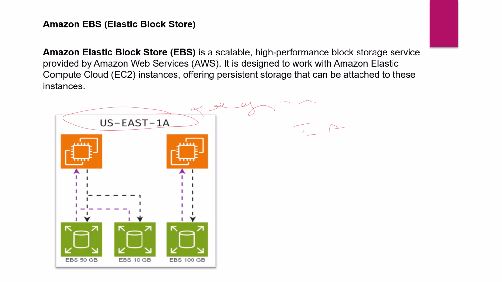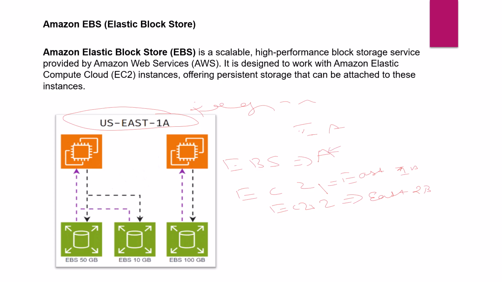Because if you are going to create your EBS volume, and you have EC2 instances, one in east 1A and, as an example, another in east 2B, something different. Say you create an EBS volume A.